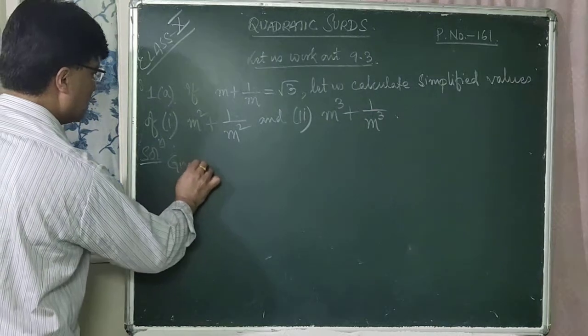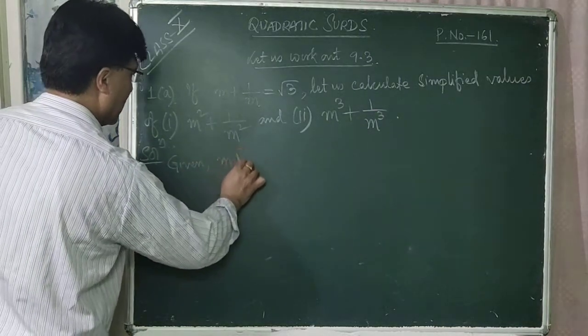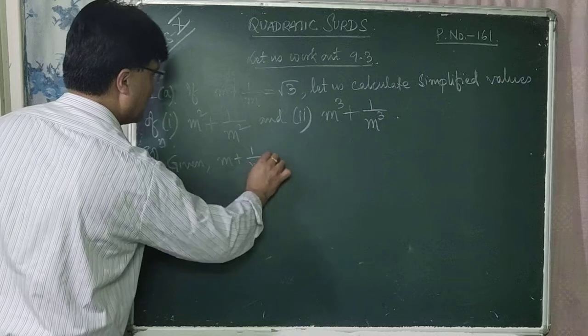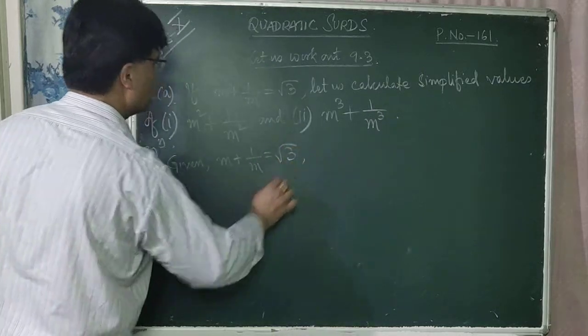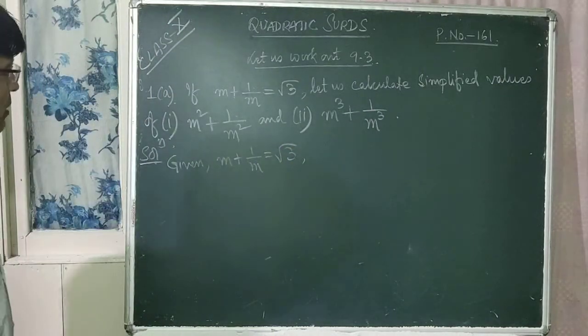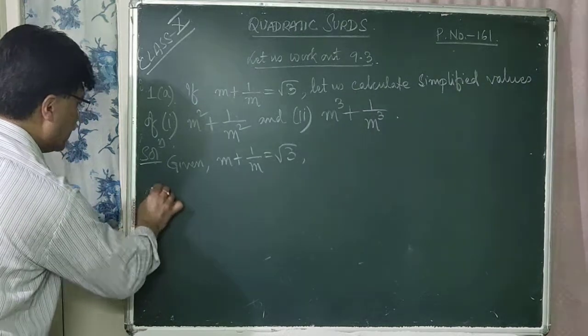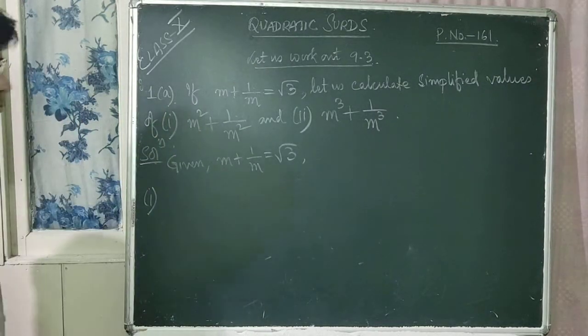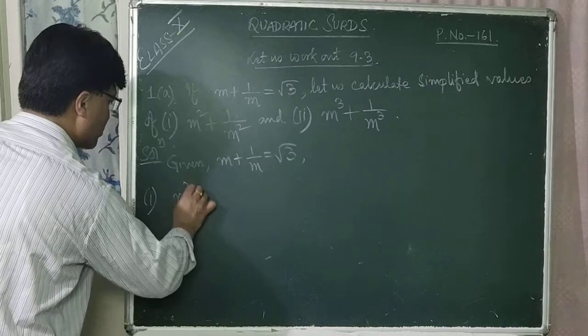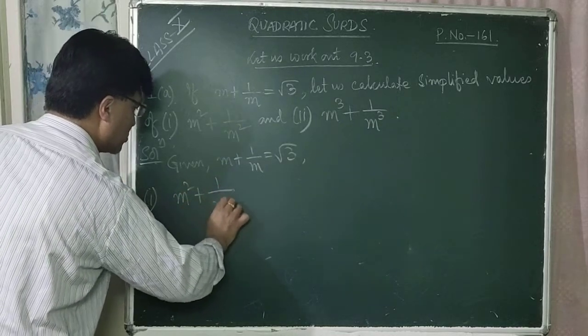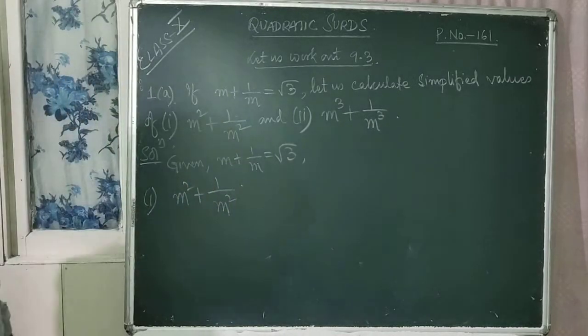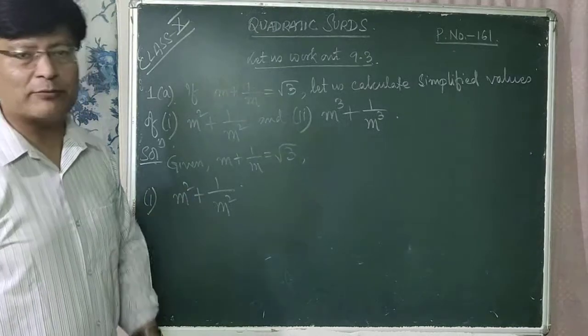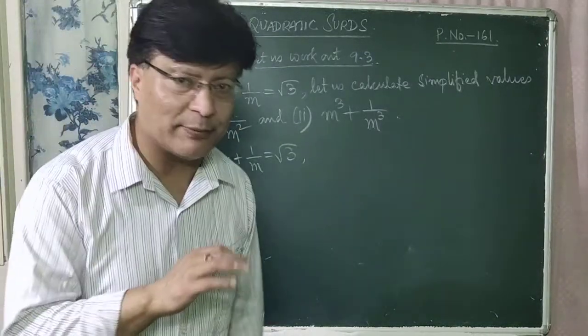Here given is m plus 1 upon m is equal to root 3. In number 1, you have to get the value for m square plus 1 upon m square. In this case, we have to use a formula from algebra.